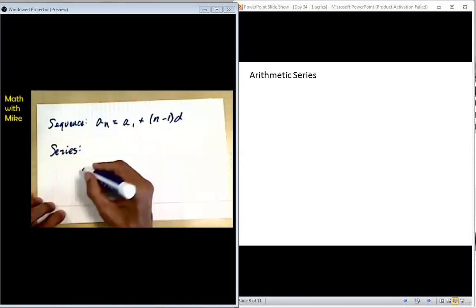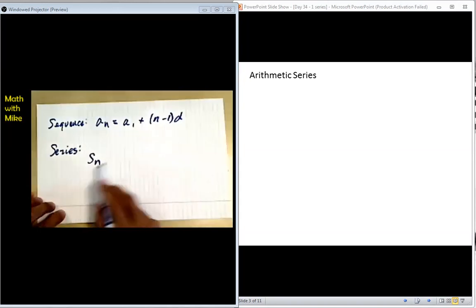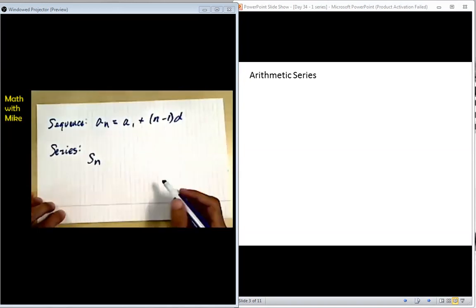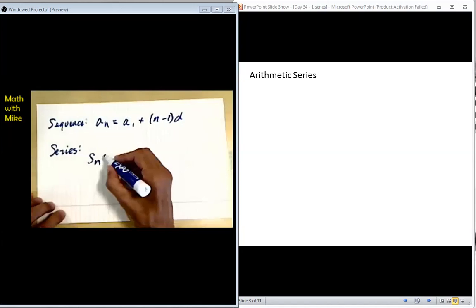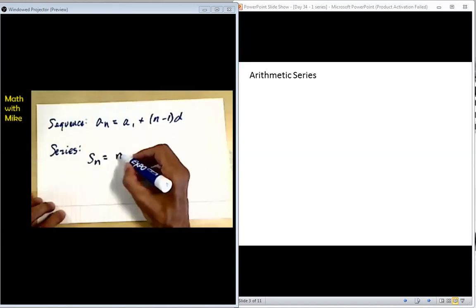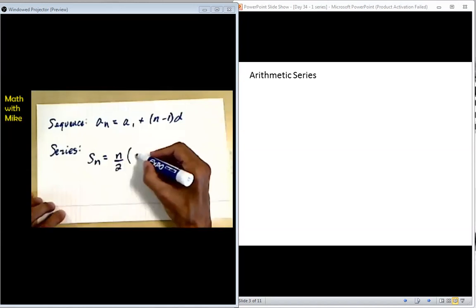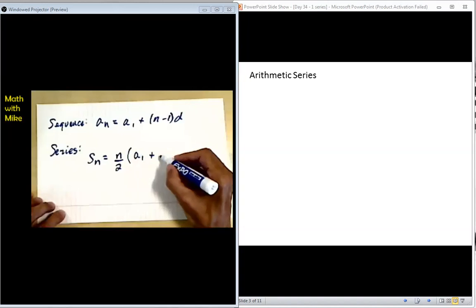So we get SN, which stands for sum of all the numbers, and that's going to equal N divided by 2 times A1 plus AN.